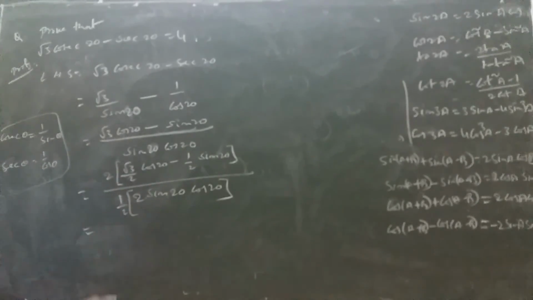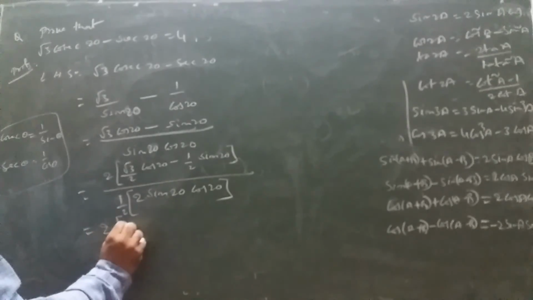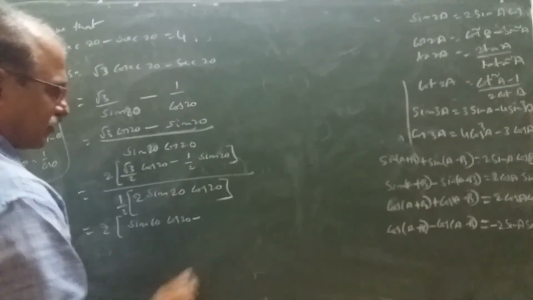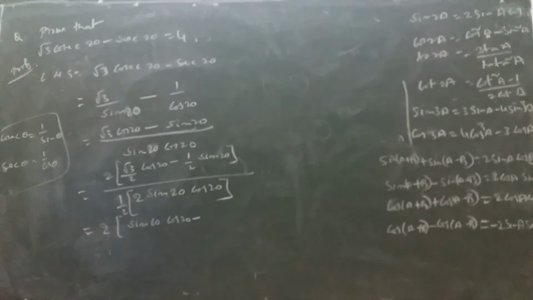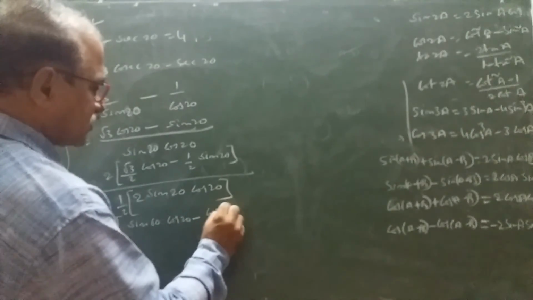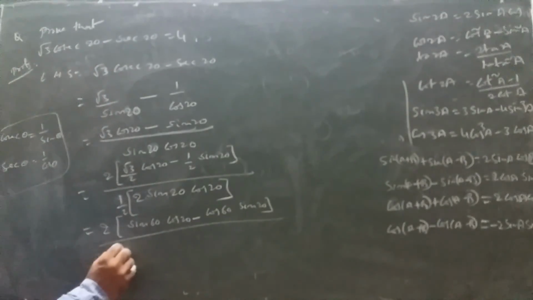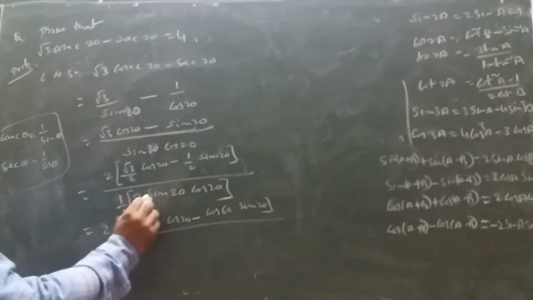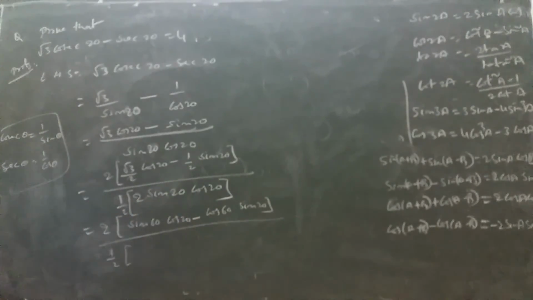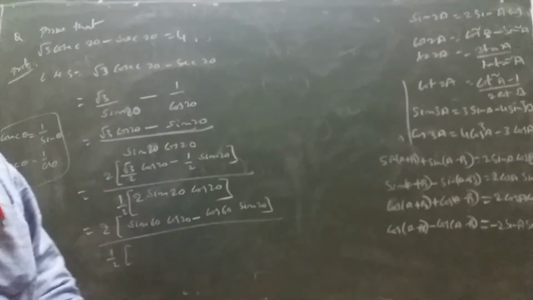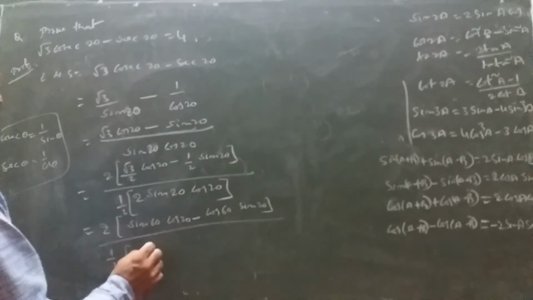Root 3 by 2 can be changed as sin 60, and 1 by 2 is equal to cos 60. So 2 into (sin 60 cos 20 minus cos 60 sin 20), divided by 1 by 2 into 2 sin A cos B, which is in the form of sin 2A.